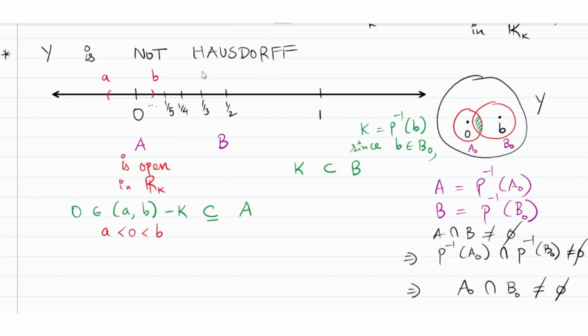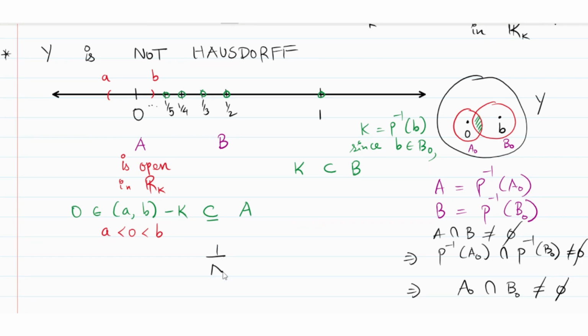So hence, all these elements 1 to 5, 1 to 4, 1 by 3, 1 by 2, 1, everything will be there. So 1 by 6, 1 by 7, everything. Now if this is going to contain the elements of K, if I don't subtract them, then obviously there is some intersection between A and B. Now suppose I subtract them, even then there will be an intersection.